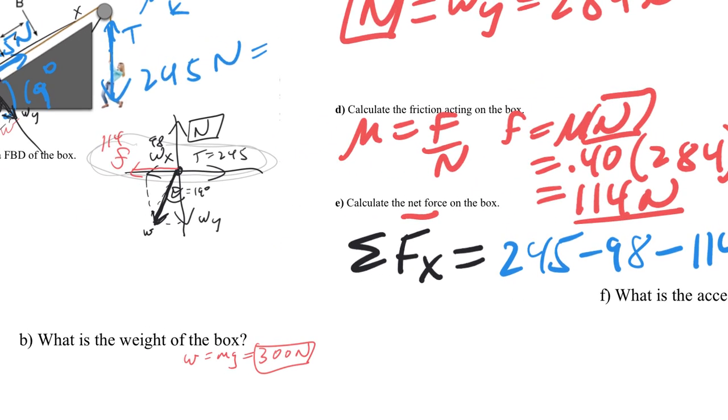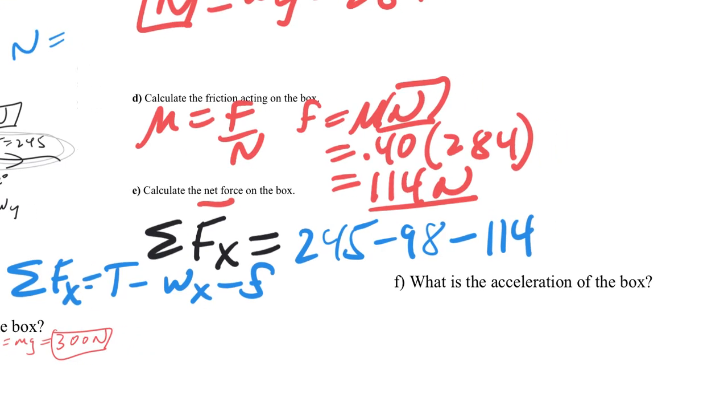Basically, T minus Wx minus friction. That's what my net force in the x direction is. So 245 minus 98 minus 114 gives me 33.